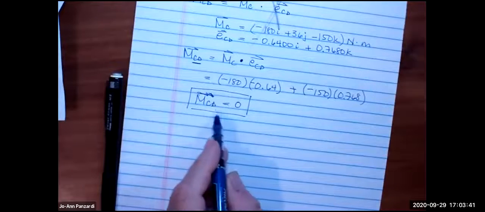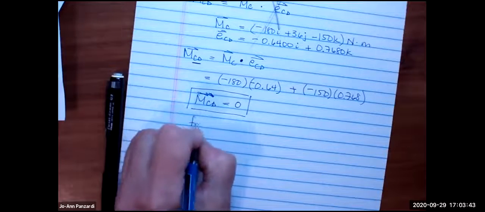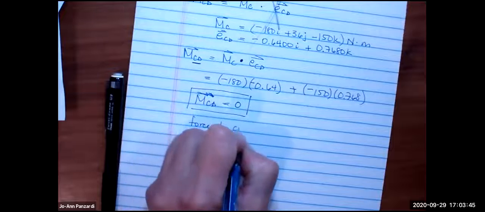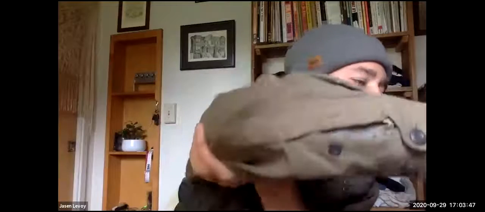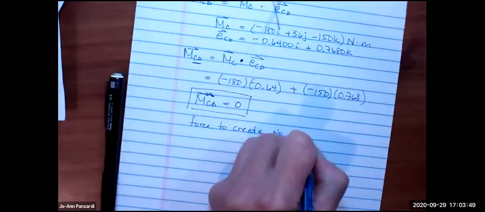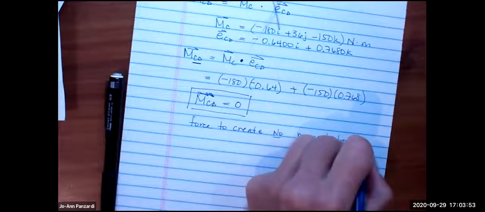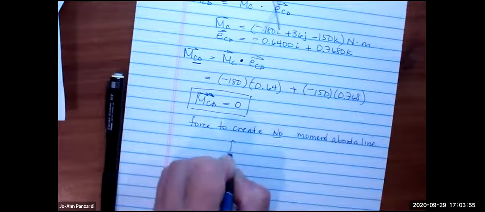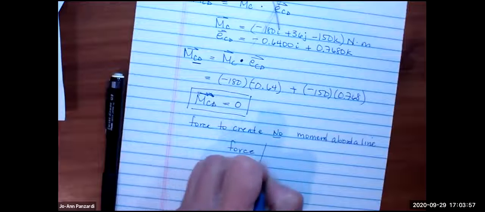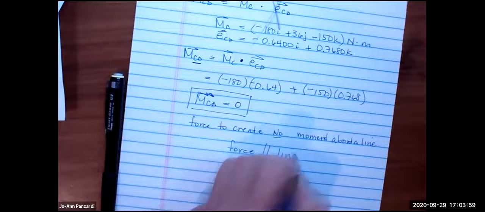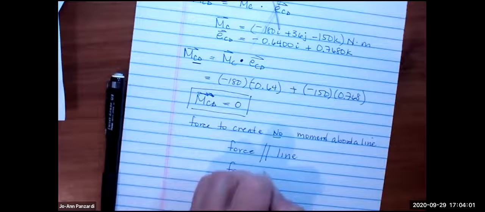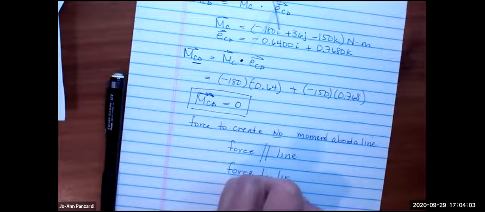So in order for a force to create no moment about a line, the force is either parallel to the line or the force is perpendicular to the line.